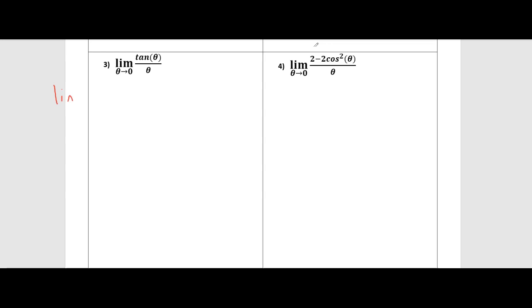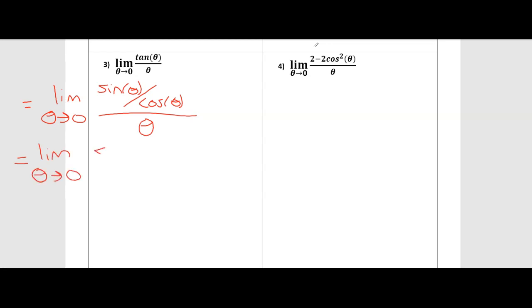So I'm going to break this down. The limit as theta approaches 0. Instead of tangent of theta, I'm going to have sine of theta divided by cosine of theta, all over theta. Okay, now the key thing here is simplifying this complex fraction. So I think an easy way to write these out is to have sine of theta over cosine of theta times 1 over theta.